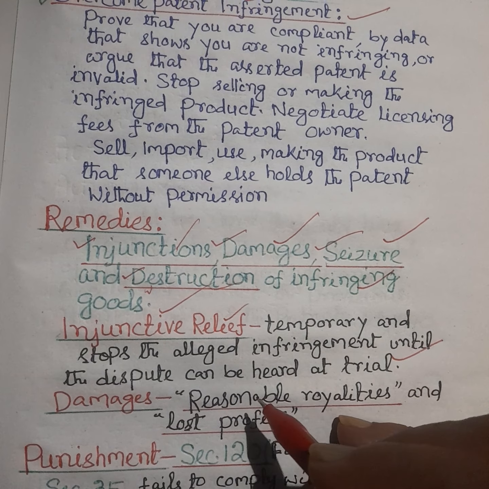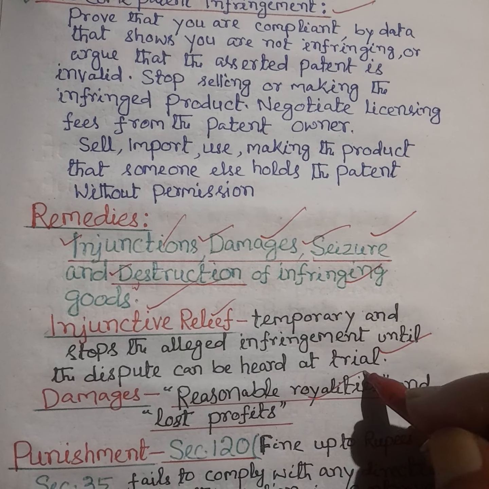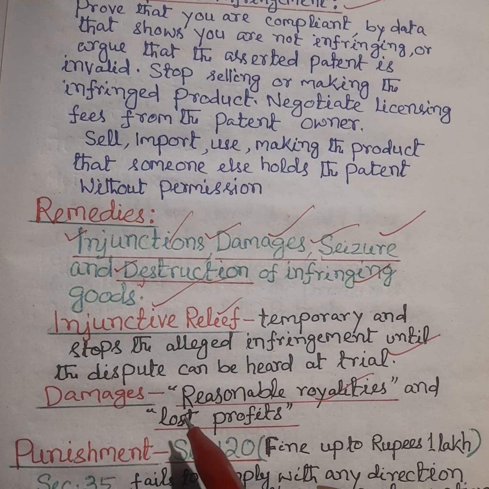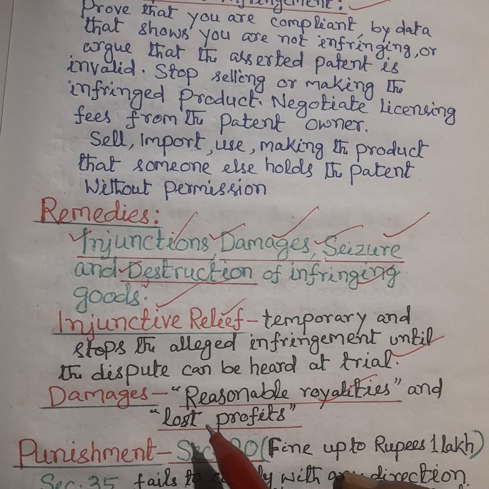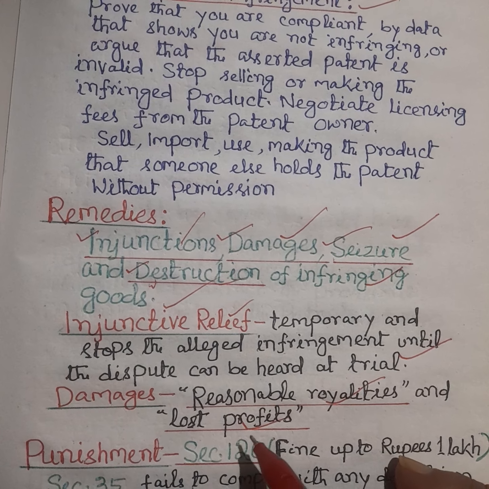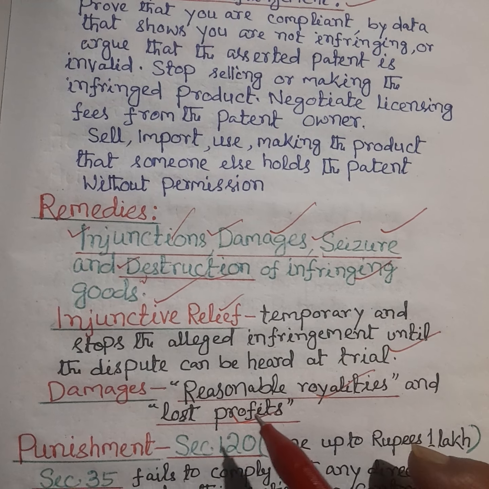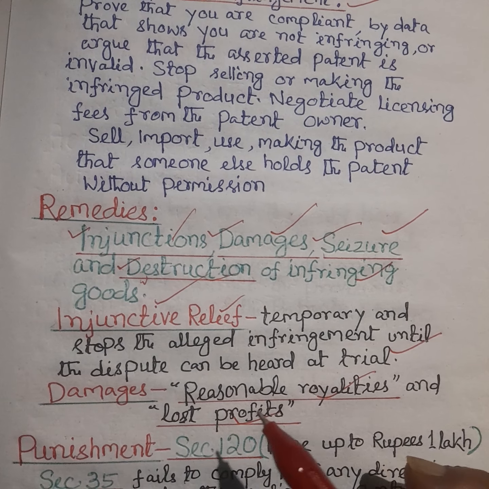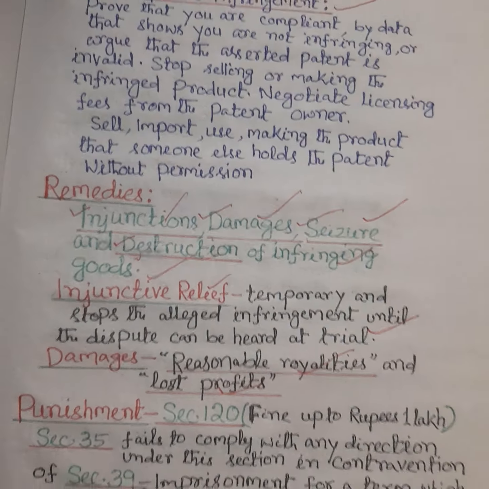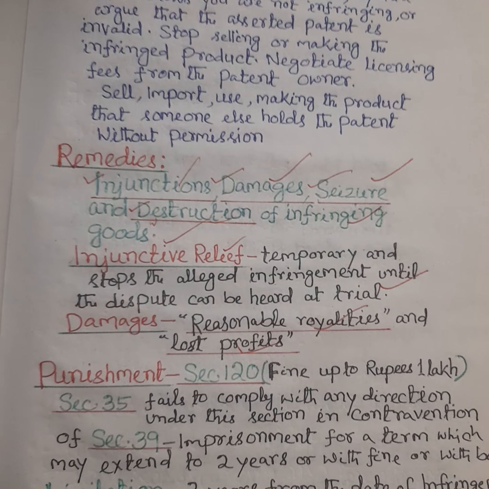Damages could be awarded in the form of reasonable royalties to the real patent holder, and also for loss of profit, the profit lost as a result of infringement of the patent right. These two kinds of damages are available to the real owner of the patent.